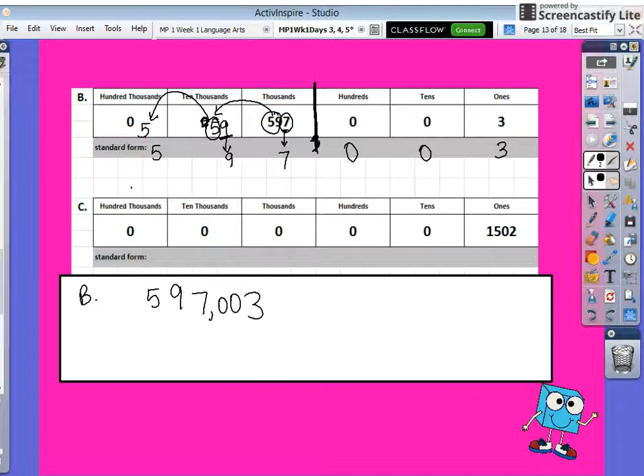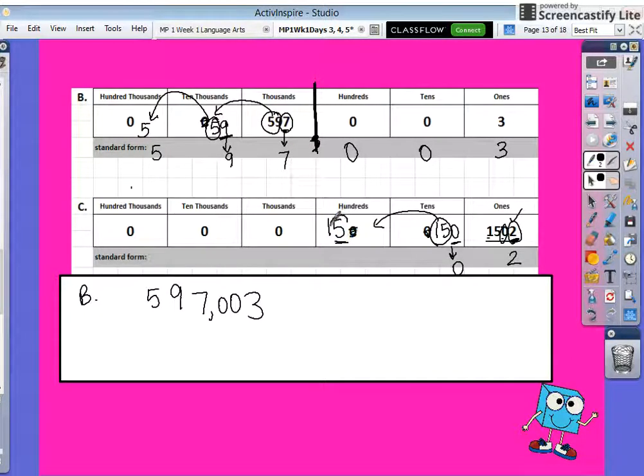Now we have C. And if you look, there are 1,502 ones. And we know that our 2 is going to stay here. So we got that. Then we're going to move our 150 over to the tens. But we're going to keep this number. And we're going to move our 15 over to the hundreds.